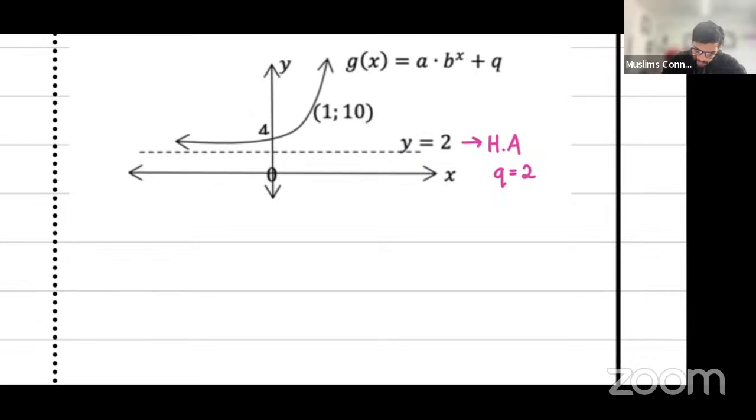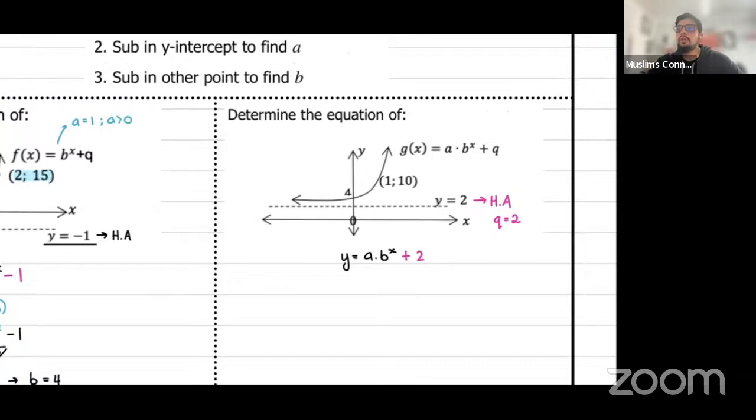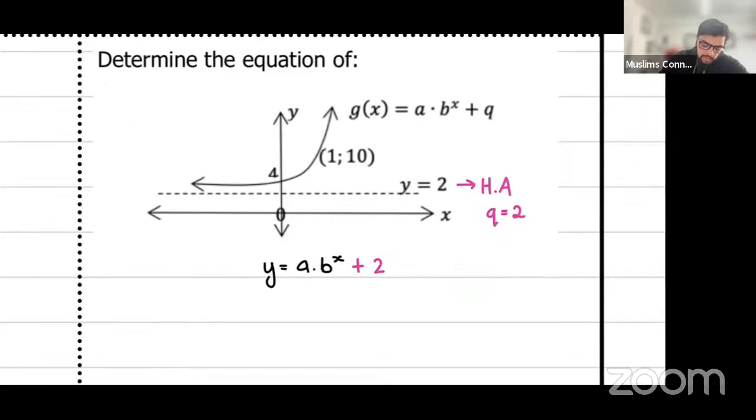We have y is equal to a times b to the power of x, plus 2. Then we know two coordinates. Here we know that a is greater than 0, because this graph is above the horizontal asymptote, but we can't say that a is equal to 1 for sure, just that it's greater than 0.